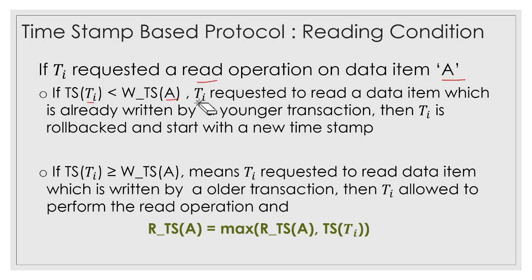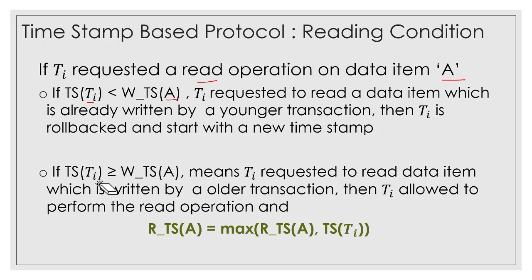In other words, Ti requested to read a data item which is already written by a younger transaction, right? Now if that is true, then Ti will be rolled back and start with a new timestamp. And remember, this new timestamp will always be greater than the older timestamp. Why it is rolled back, we are going to explain a little bit later.